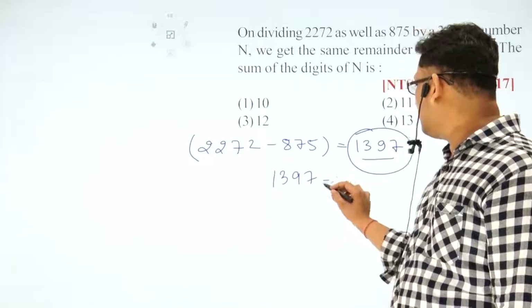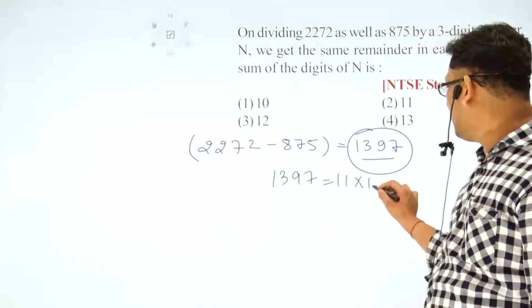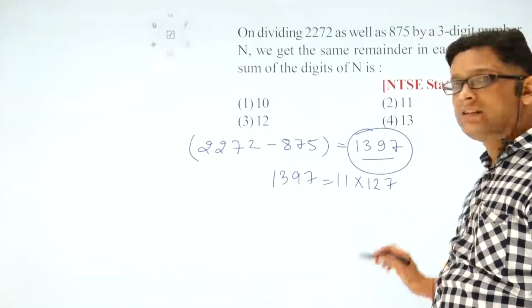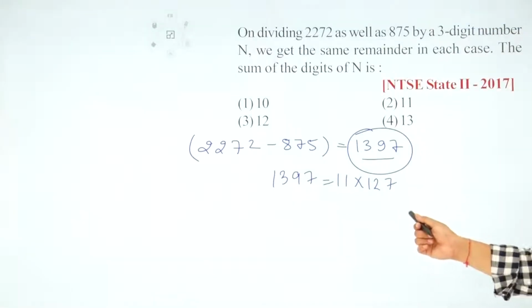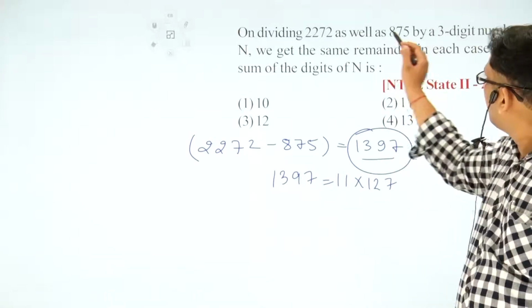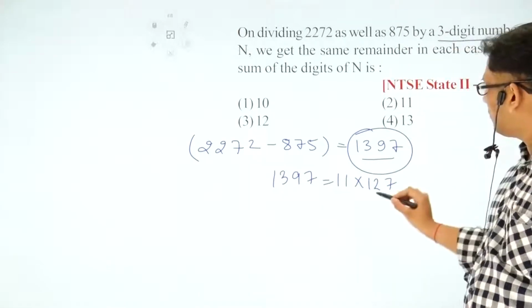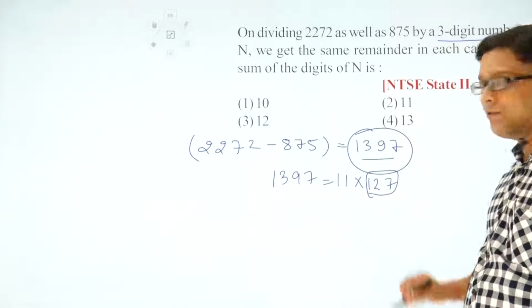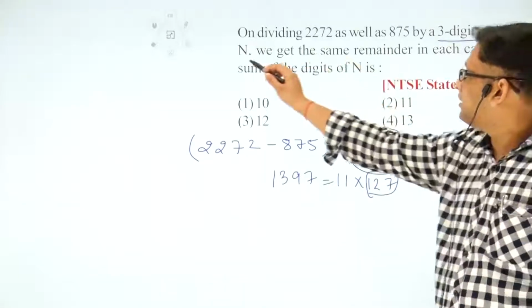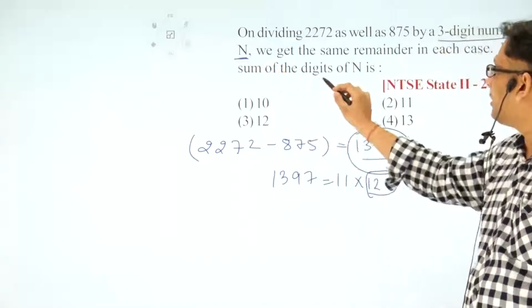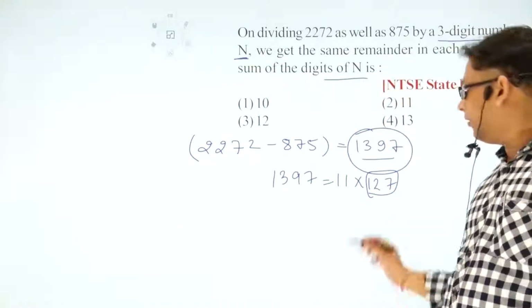1397 can be written as 11 into 127. So 127 is a 3-digit number, and we consider 127 as the value of n. We have to find the sum of the digits of n.